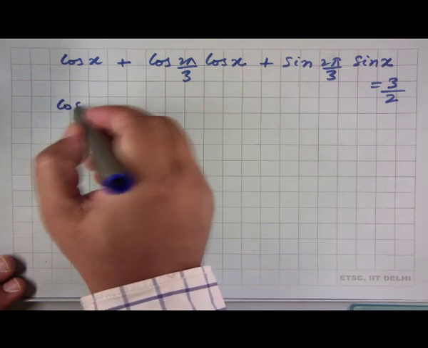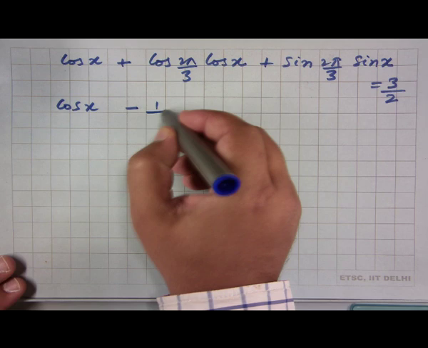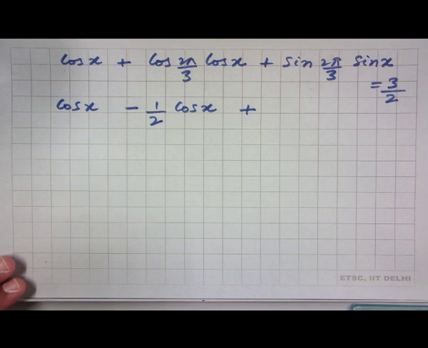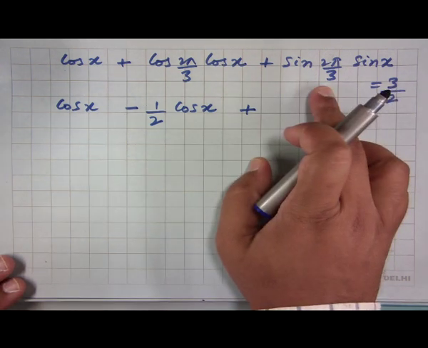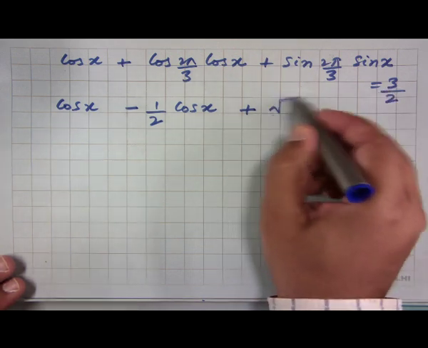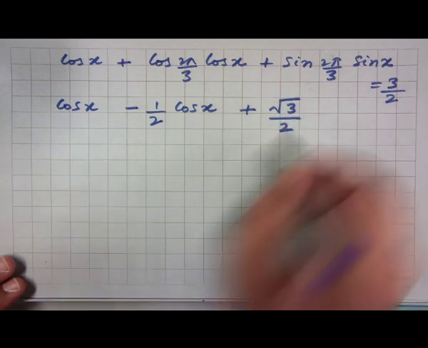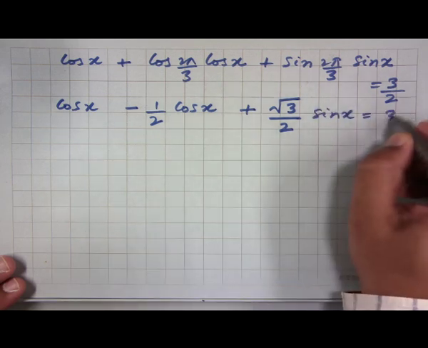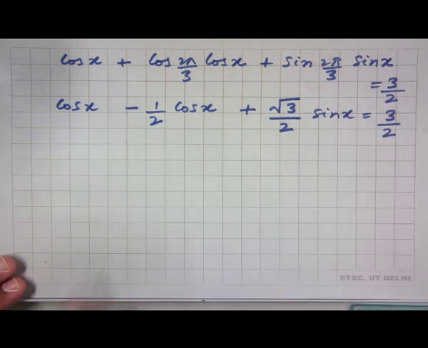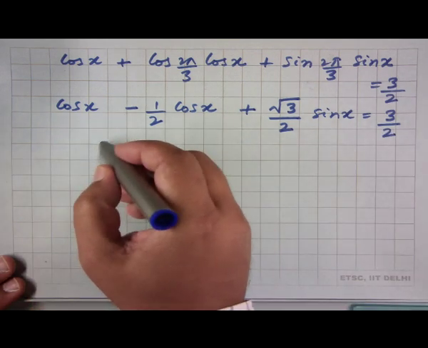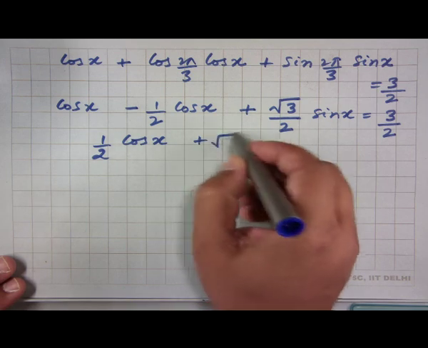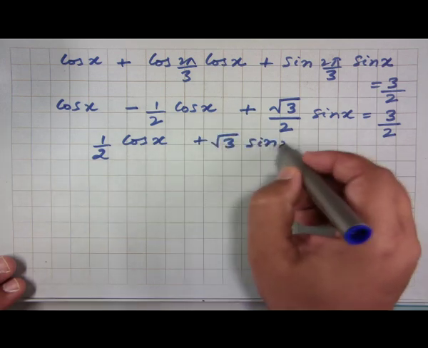So, we have cos x minus half cos x, and sin 2 pi by 3 is sine of 120 degrees, which is equal to square root of 3 over 2, times sin x equals 3 over 2. Some simplification gives us half cos x plus root 3 over 2 sin x is equal to 3 by 2.